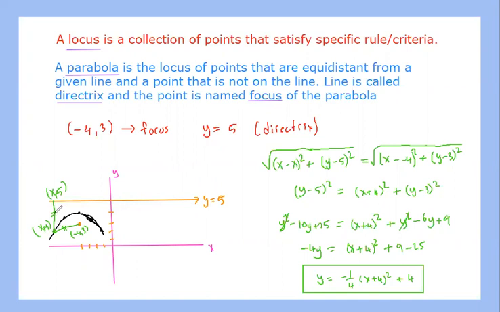When we say the distance, we just mean the shortest path from any point on the curve to the line. In this case, that should look like this. As soon as you have the points, you just use the distance formula between those two, and that gives us the equation of the curve, which we call a parabola.